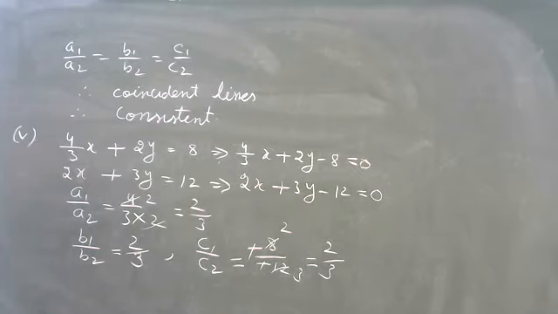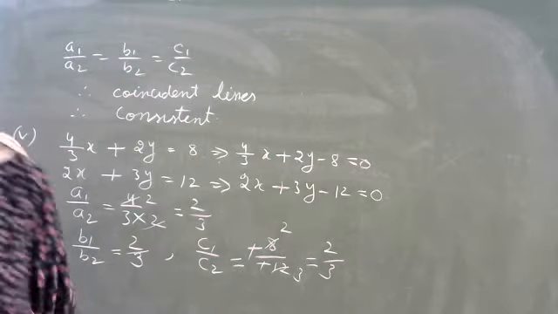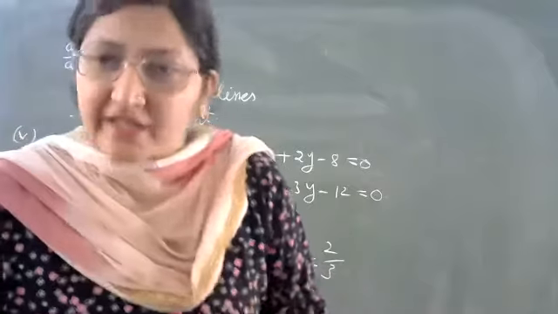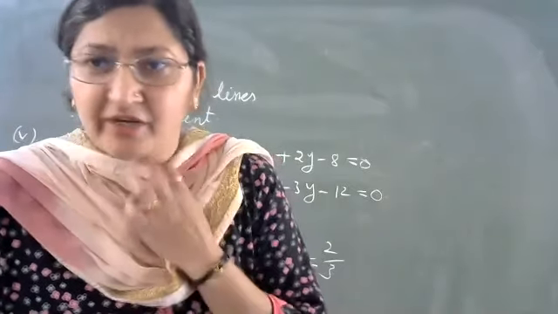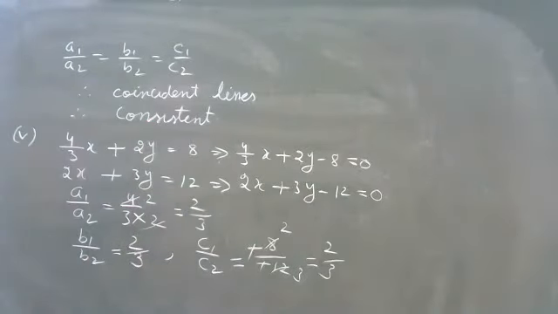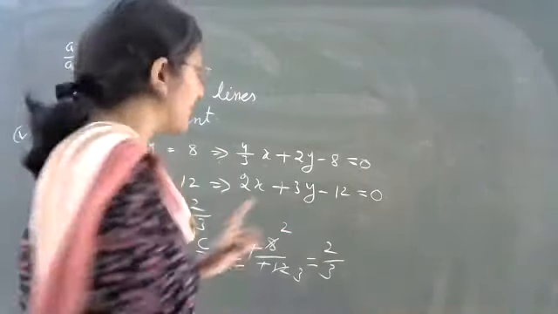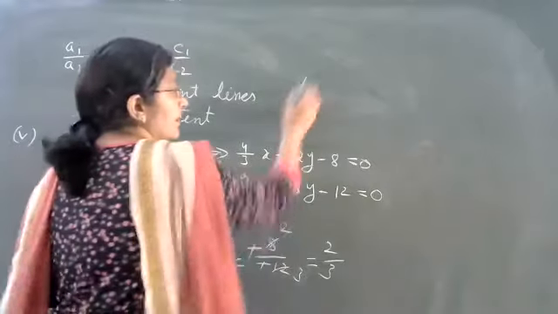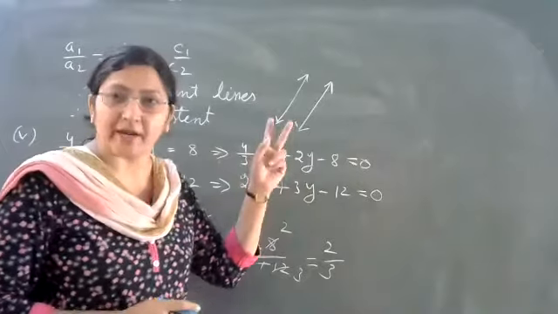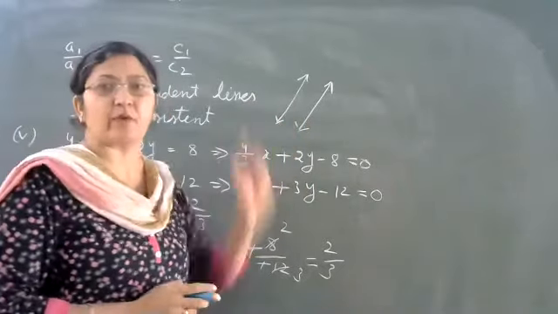Similar is question number 4. Which of the following pairs of linear equations are consistent, inconsistent? If consistent, obtain the solution graphically. If it is consistent, you have to draw the graph; if inconsistent, then you don't. There are 3 types of lines. Either parallel, in which case you cannot find the solution on the graph, as there is no point of intersection.